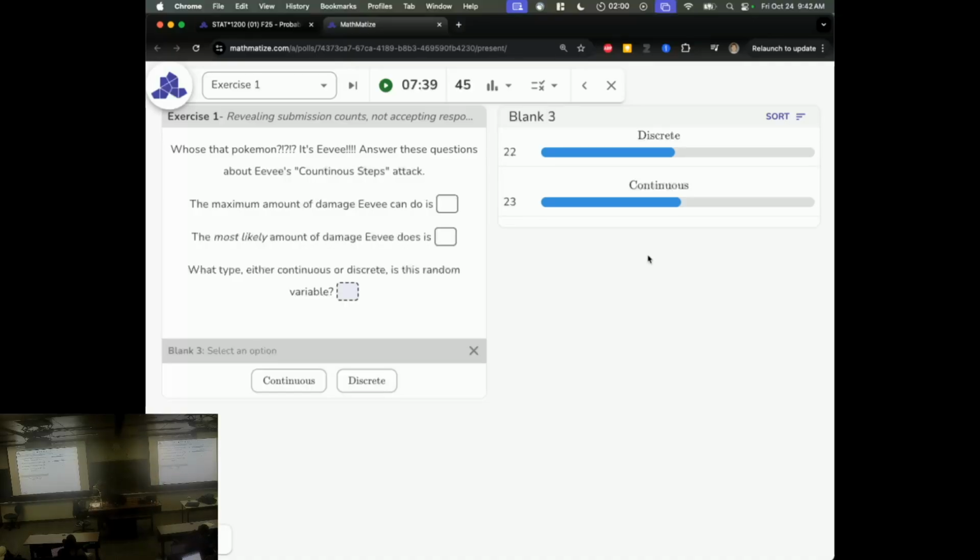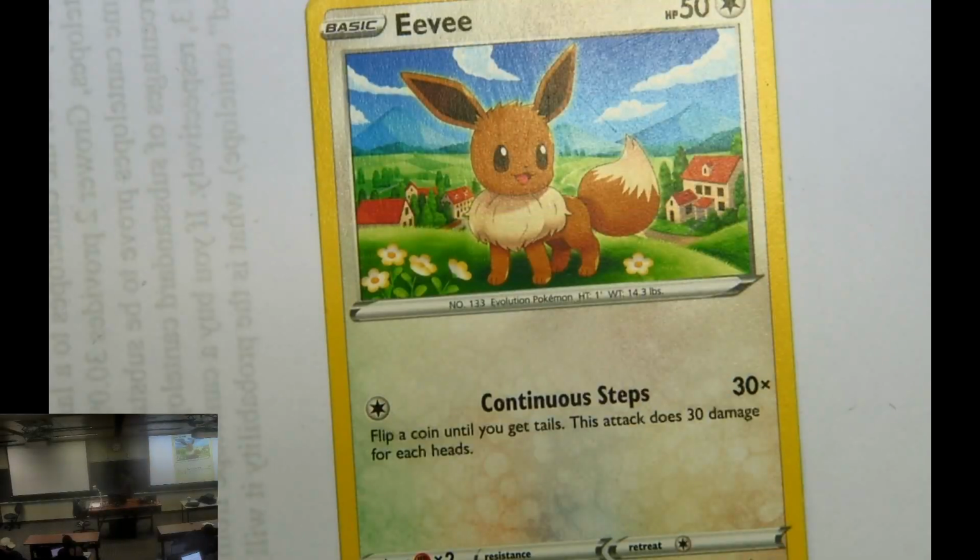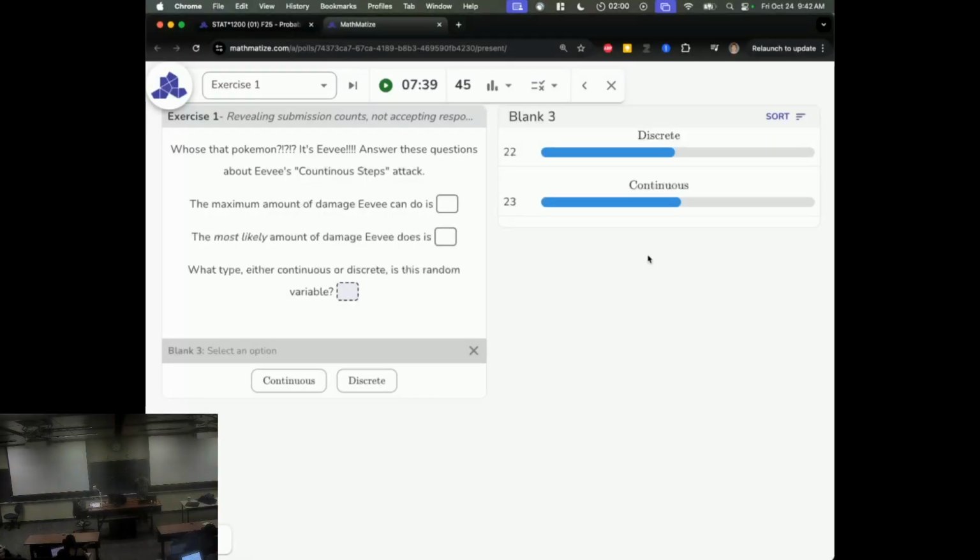And I think the reason you guys voted for continuous more often than not is because the name of this attack is Continuous Steps. All right? So if you believe the people at Pokemon HQ, then you would think it's continuous.